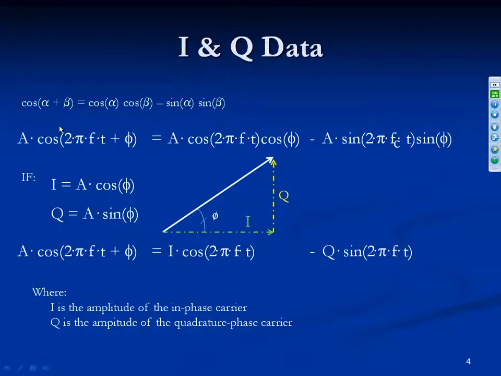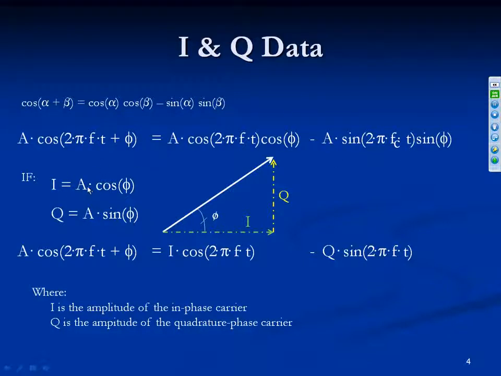So let's look at a statement of cosine of alpha plus beta, and that's equal to cosine of alpha times the cosine of beta minus the sine of alpha times the sine of beta. So when we have A times the cosine of 2 pi ft plus phi, that's equal to A cosine of 2 pi ft times the cosine of phi minus A times the sine of 2 pi ft times the sine of phi.